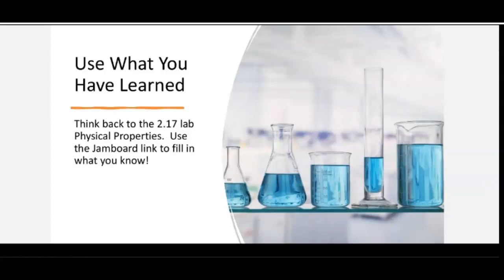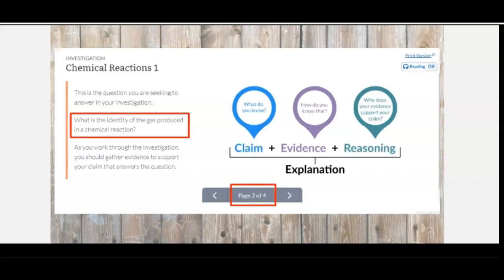So the purpose of the experiment is to figure out the identity of the gas that's produced in the chemical reaction. When you get to question 2, it talks about how you can identify the gas produced in the chemical reaction without observing the atoms and the molecules directly. And it says on the page, see page 2 of 3 for reference.